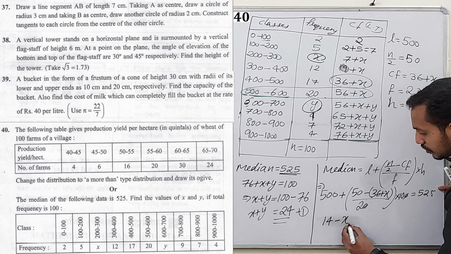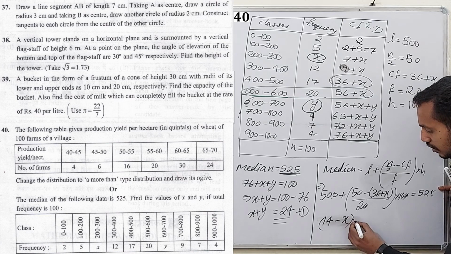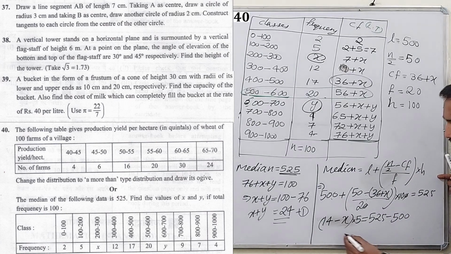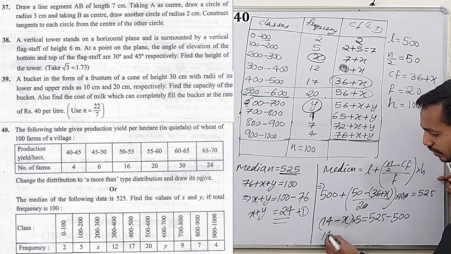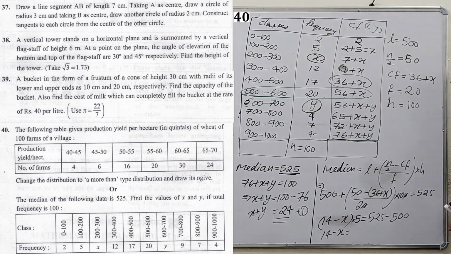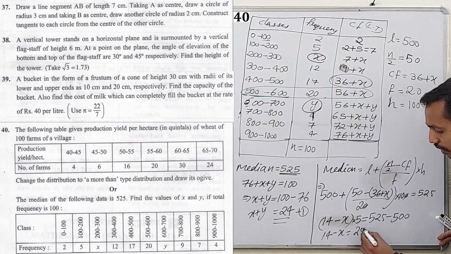Into 100 by 20, 1 0 cancel, then 10 by 2 is equal to 5, which is equal to 525. This plus 500 we are taking to the other side, so it will be minus 500. That implies 14 minus x is equal to 525 minus 500, which is 25, and this into 5 taken here, it will be divided by 5, which is equal to 5.